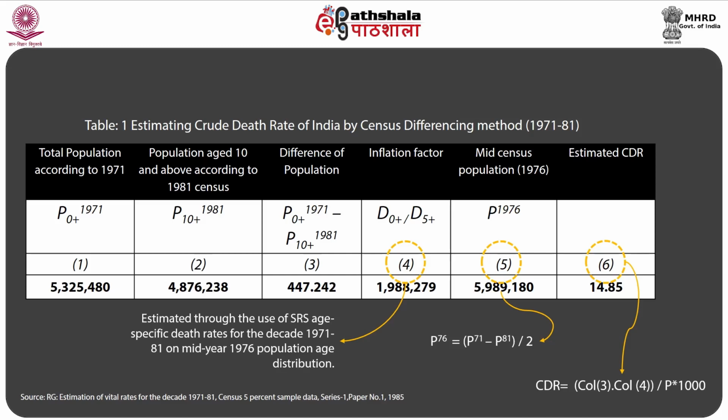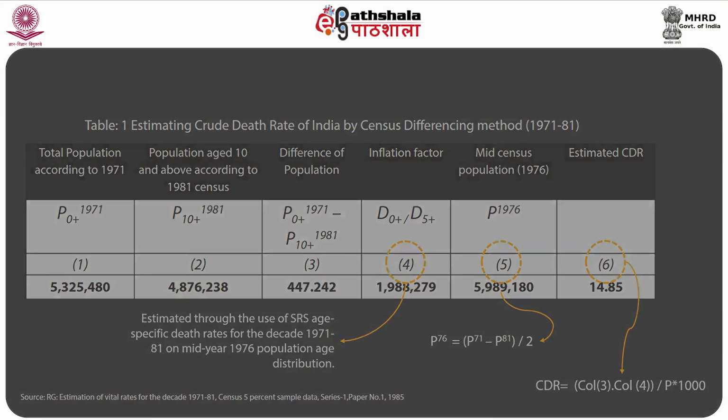Column 5, population 76 equals population 71 plus population 81 divided by 2. Column 6, crude death rate equals column 3 multiplied by column 4 divided by population, multiplied by 1000. Source: Registrar General, Estimation of Vital Rates for the Decade 1971-81, Census 5% Sample Data, Series 1, Paper No. 1, 1985.